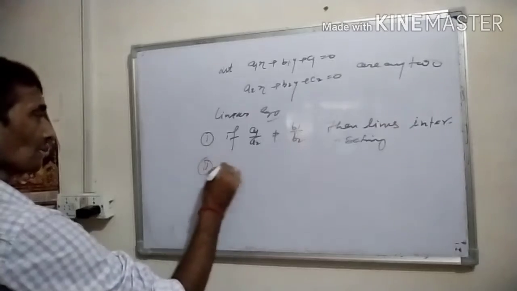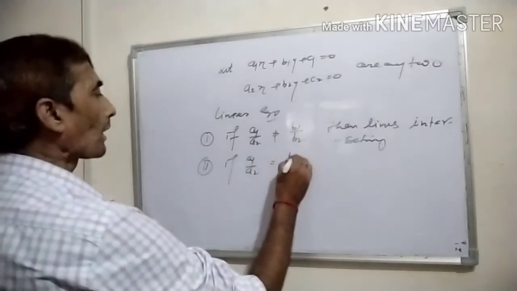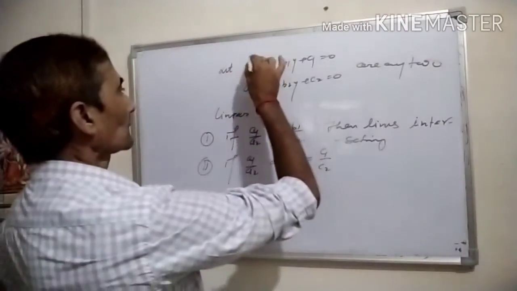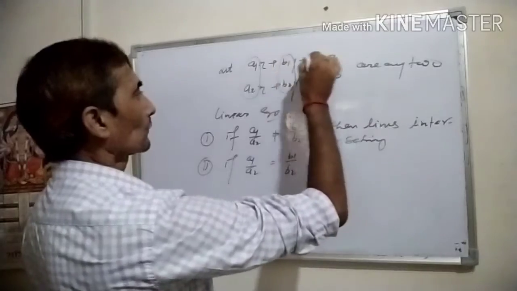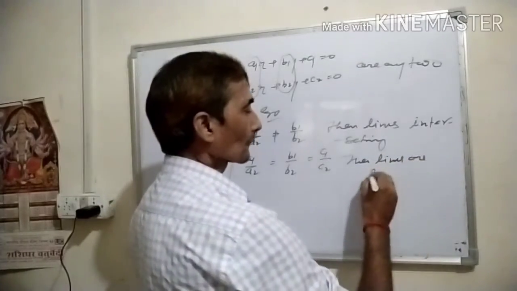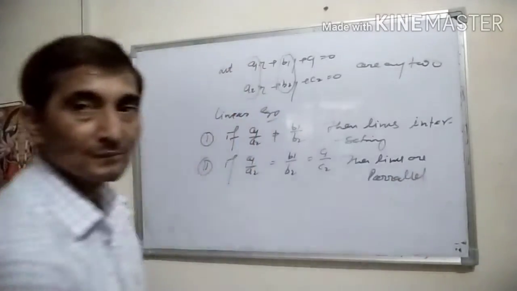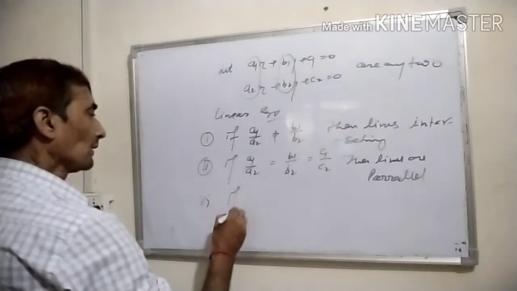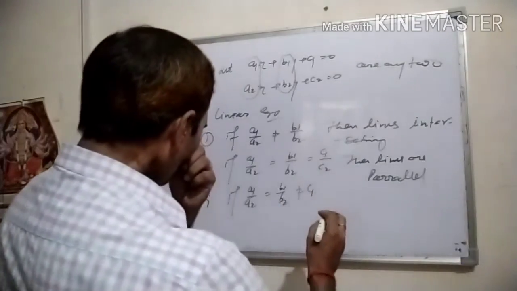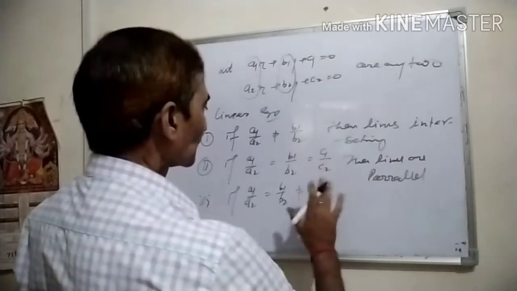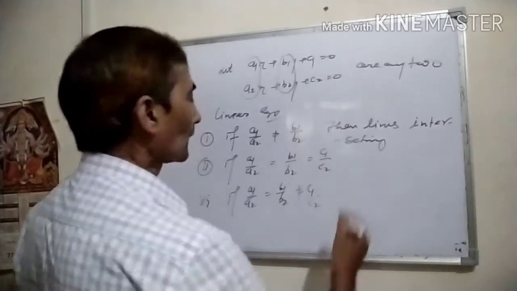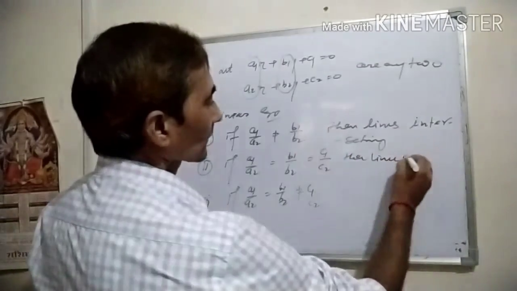Second, if a1 upon a2 equal to b1 upon b2 equal to c1 upon c2, that means the ratio of coefficients of x equal to that of y equal to that of the constants, then lines coincide.